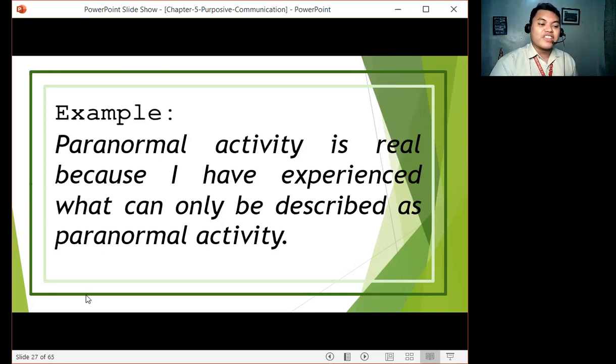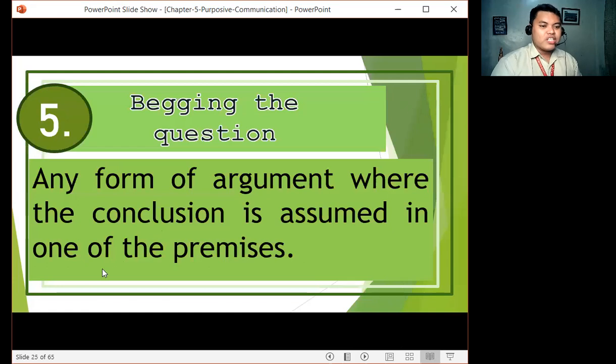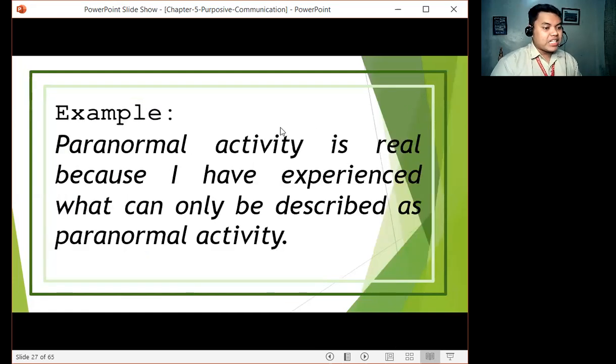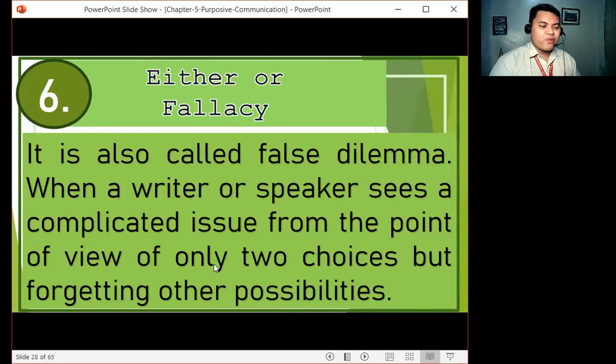The opinion that we cannot question the decision of the judge who was given the constitutional power to try and decide commits this erroneous reasoning. Okay, begging the question. So you are trying to believe or assume an argument as proven, but actually there is no proof at all. That is the thing that you need to remember. So that is begging the question.